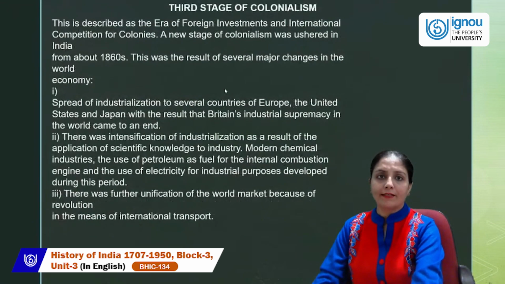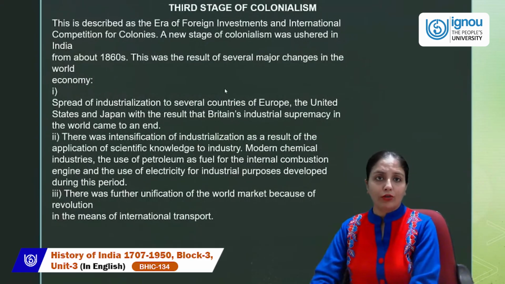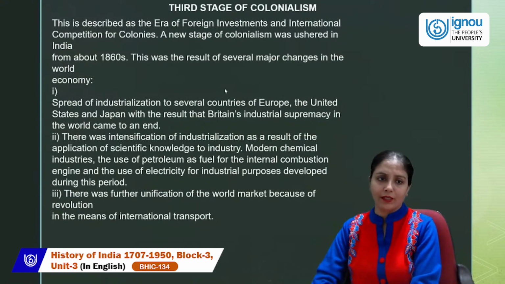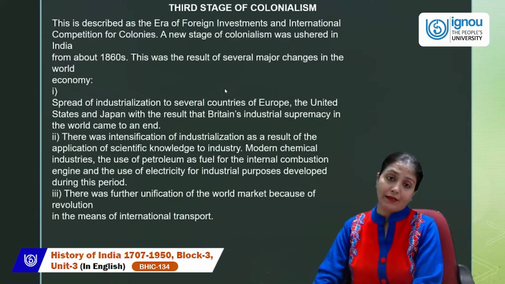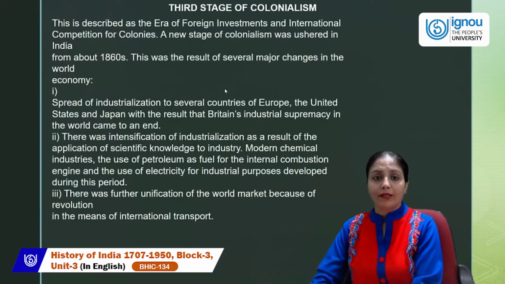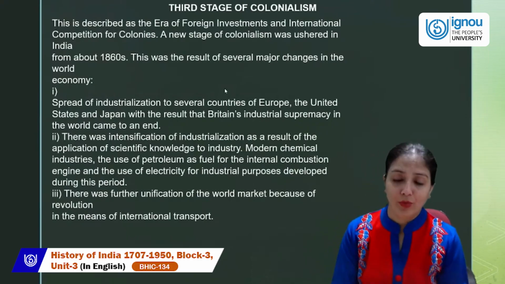And in the third stage of colonialism, there was the spread of industrialization to several countries of Europe, the United States, and Japan, with the result that Britain's industrial supremacy in the world came to an end.